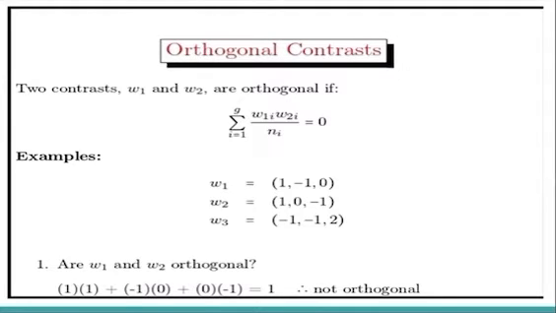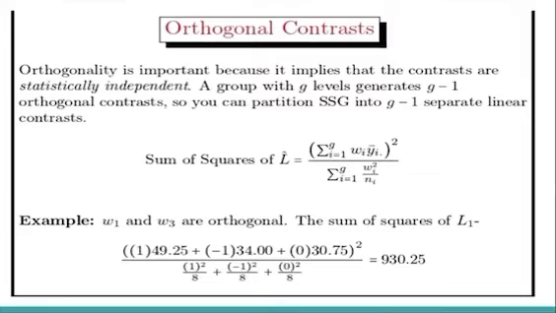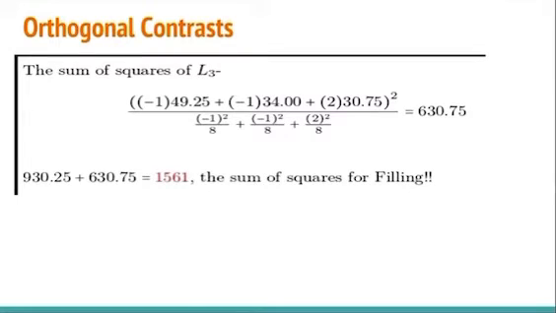Multiply this 0, multiply this 1, multiply this minus 1, add them up, 0. It's true. Does that make sense? That is how to investigate orthogonality, and orthogonality implies independence. Then you can go ahead and get your standard error, just like the way we always do.